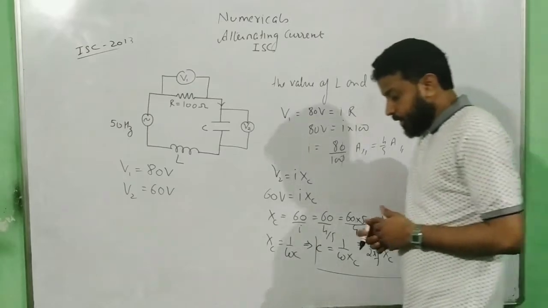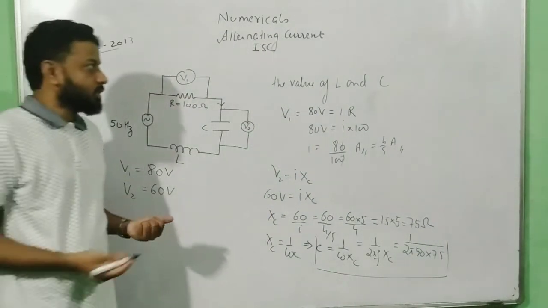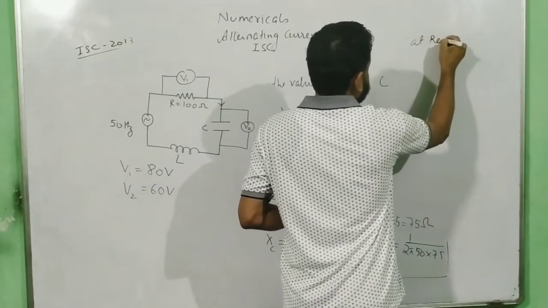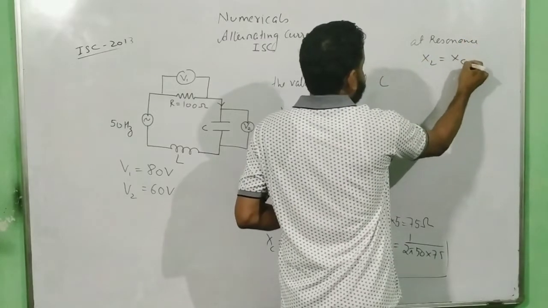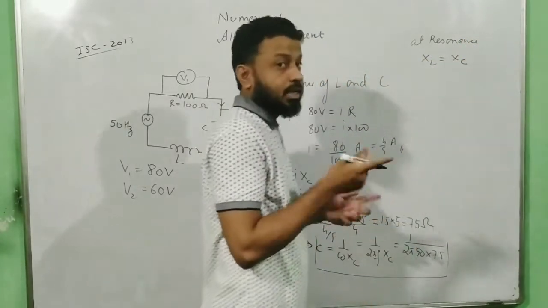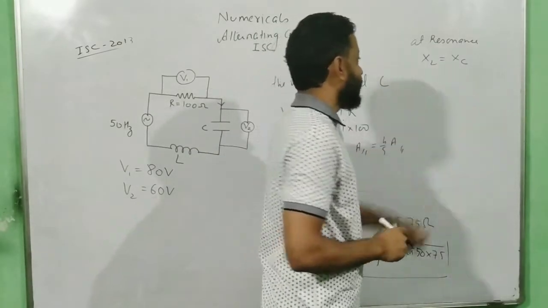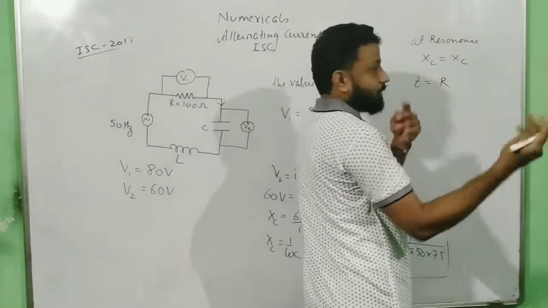Remember, XL and XC are reactance. Okay, and what is the net total impedance? The net impedance will be equal to R, because XL and XC will get cancelled out.